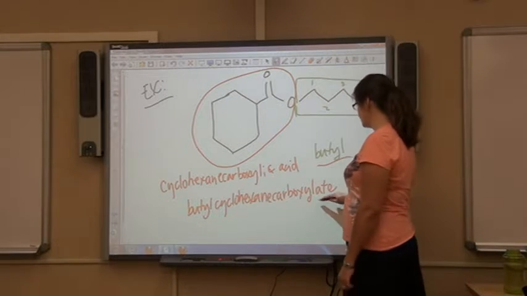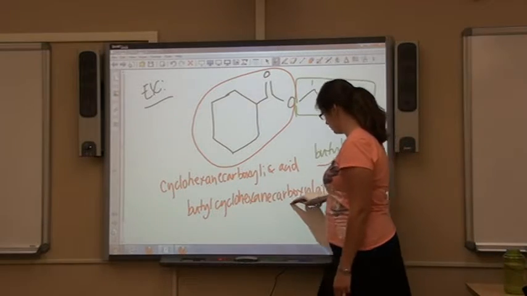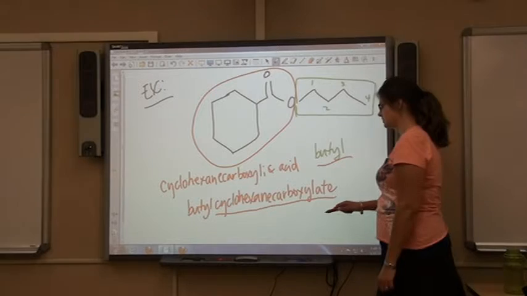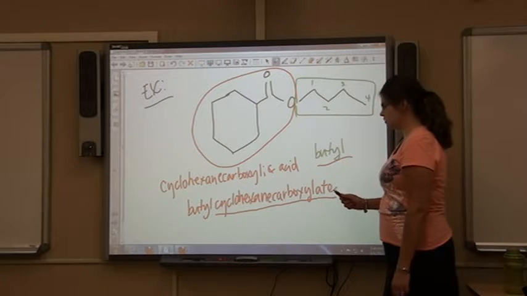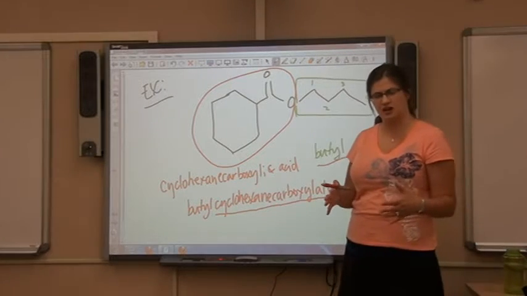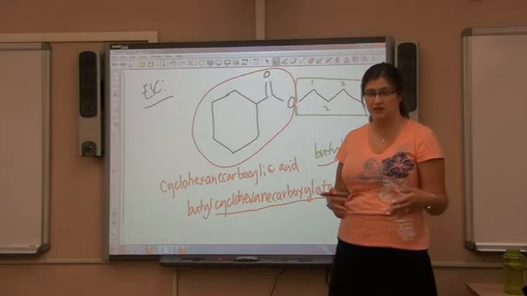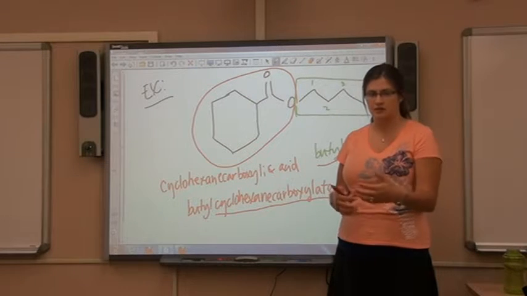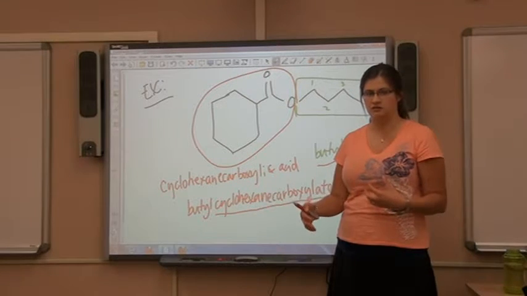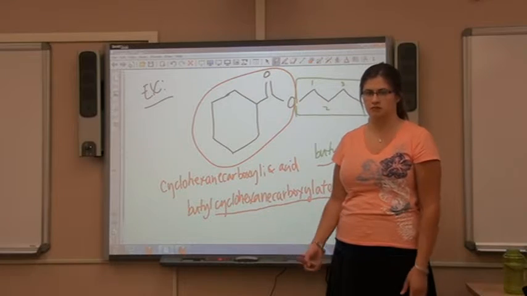And your cyclohexane carboxylate is all one word here. I can't remember if in part 1 I was showing you to do that as one word, but you should put that carboxylic acid, carboxylate, as part of the parent cycloalkane.